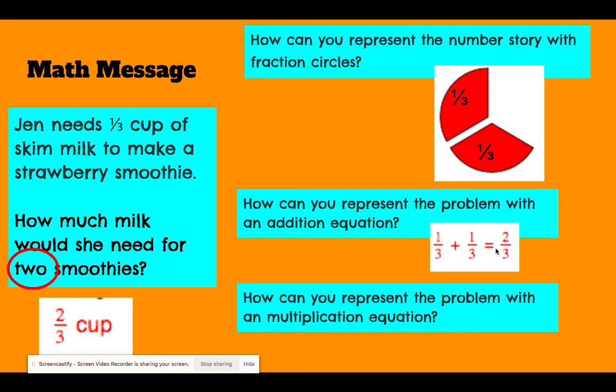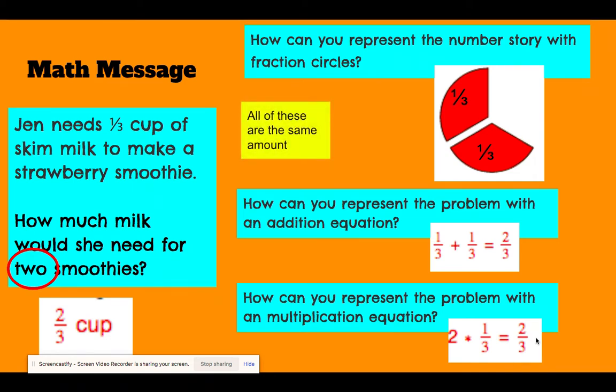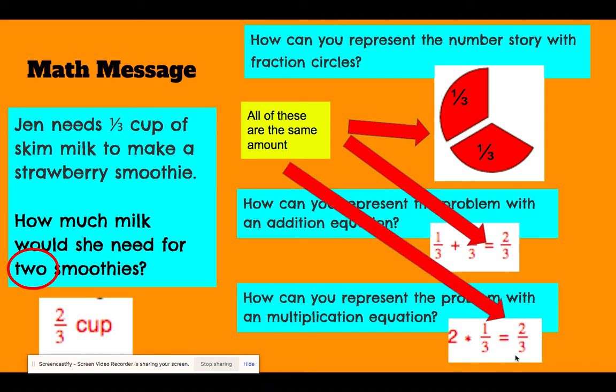If there were 2 smoothies, and each smoothie required 1/3 cup of milk, you would go 2 smoothies times 1/3 cup of milk to get your 2/3 cup of milk. All of these, my friends, represent the same amount, whether the fraction circles, the addition problem, or the multiplication problem: the 2/3 cup of milk she's going to need to make 2 smoothies.